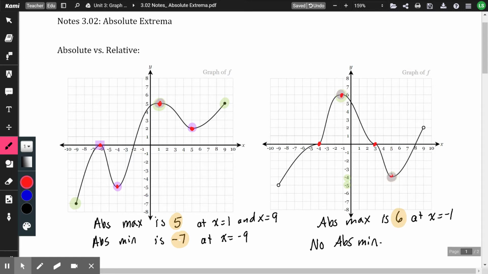But as also illustrated by that first graph, we had absolute extrema occur at endpoints as well. So not only do we have to consider our critical values, but we have to consider our endpoints, because those might be absolute maxes too.